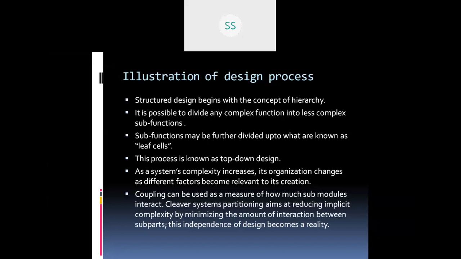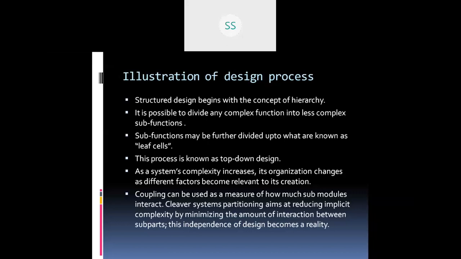Subfunctions may be further divided into some more subfunctions, and those minimized subfunctions may be called leaf cells. You can go on dividing a complex function till you reach a minimum level, and that minimum design which cannot be further split can be called a leaf cell.